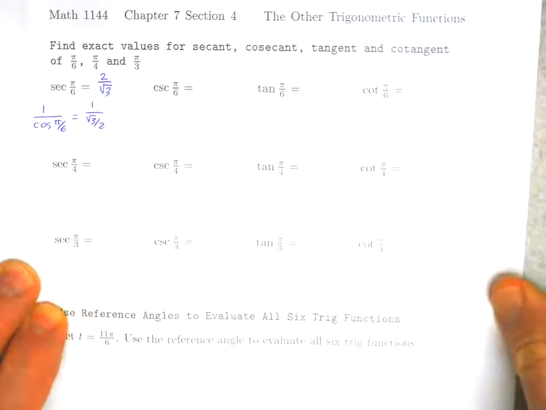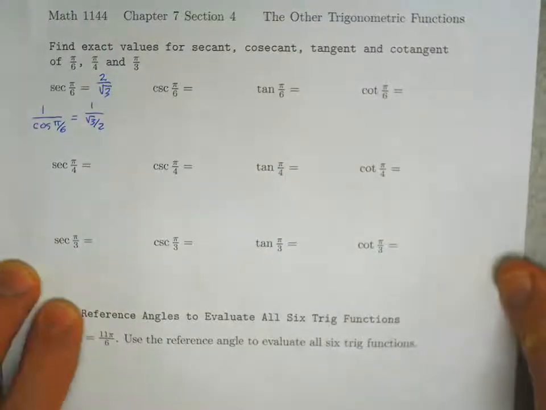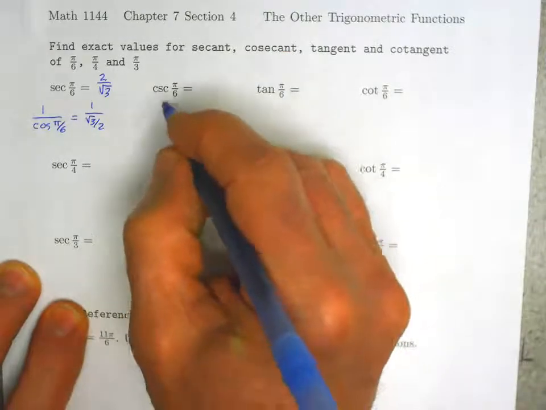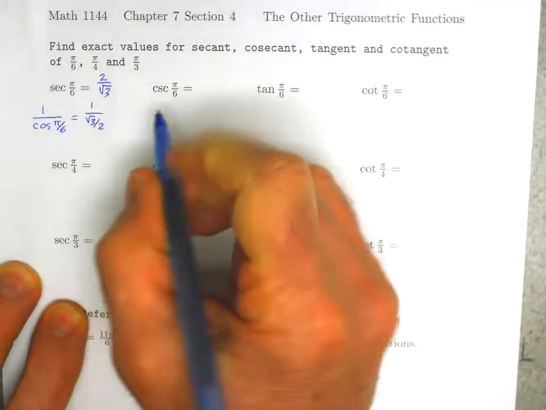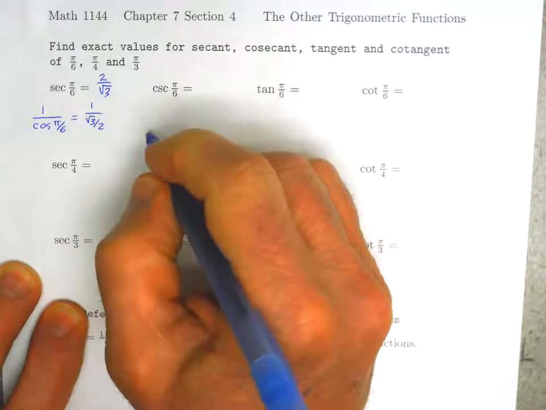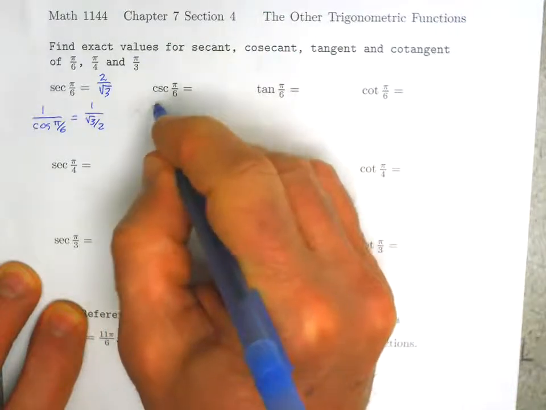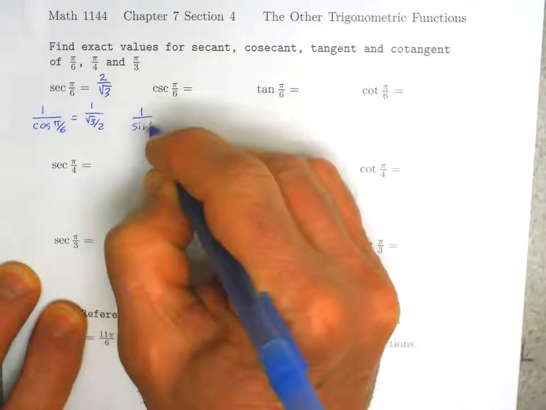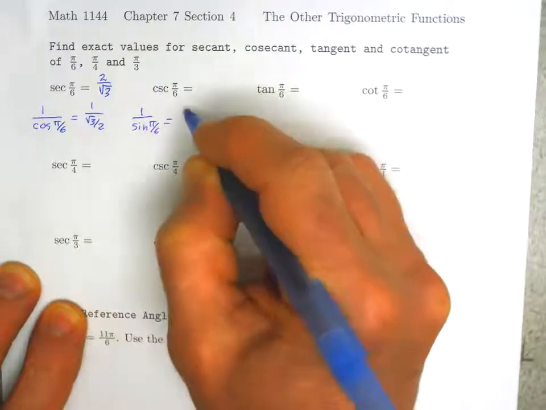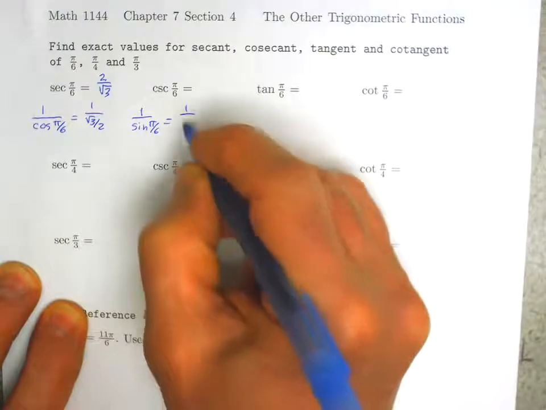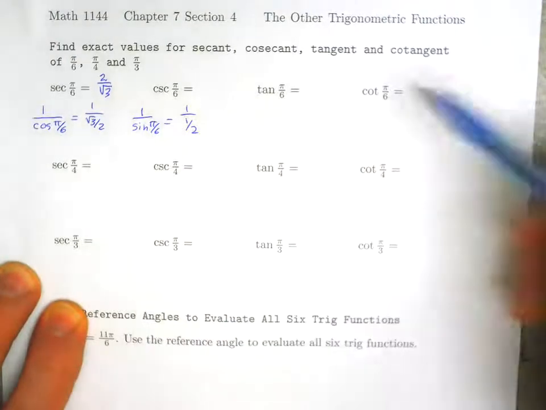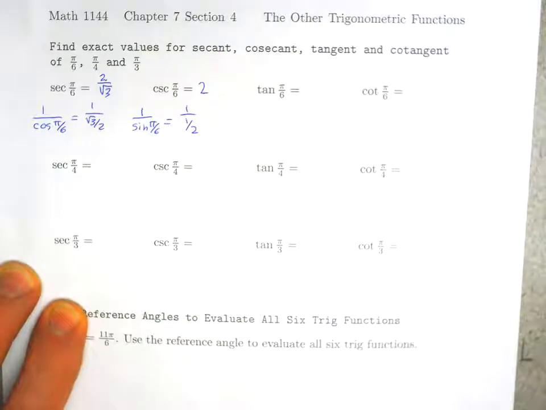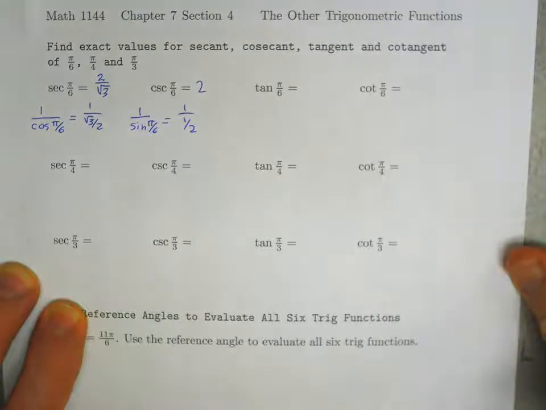That's secant of pi over 6. Cosecant of pi over 6. Cosecant is the reciprocal of sine. So cosecant of pi over 6 is 1 over sine of pi over 6. But sine of pi over 6 is 1/2, and 1 divided by 1/2 is 2. So cosecant of pi over 6 is equal to 2.